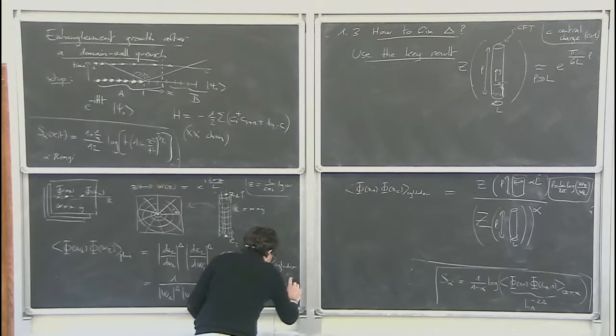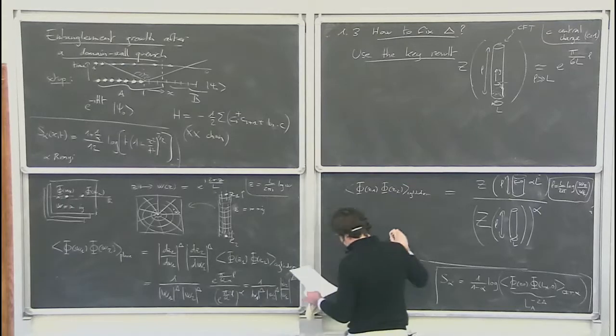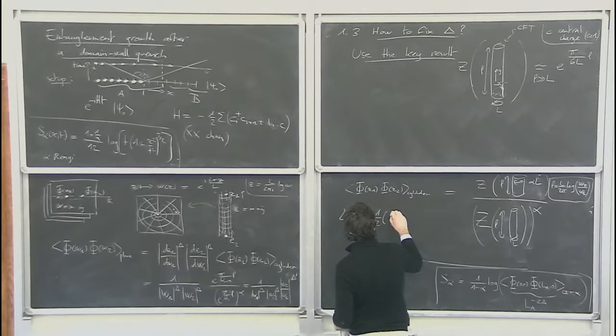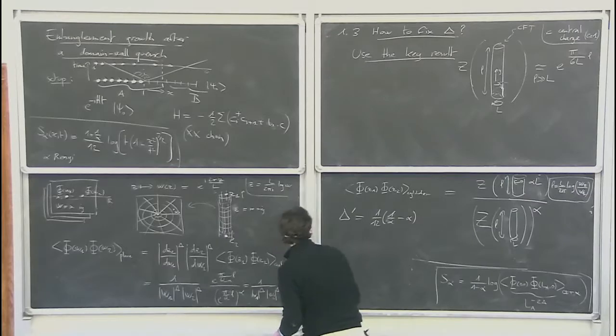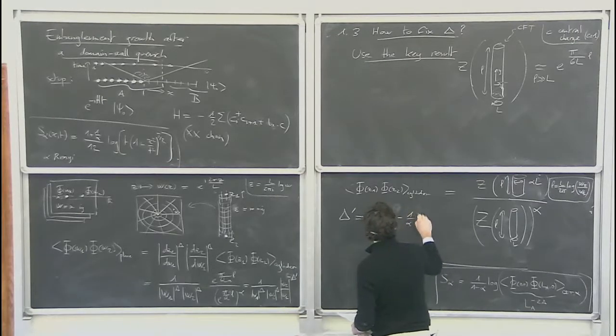Okay, so to some power, let me call it delta prime, and delta prime is just 1 over 12 alpha minus delta prime, and so this is alpha minus 1 over alpha.